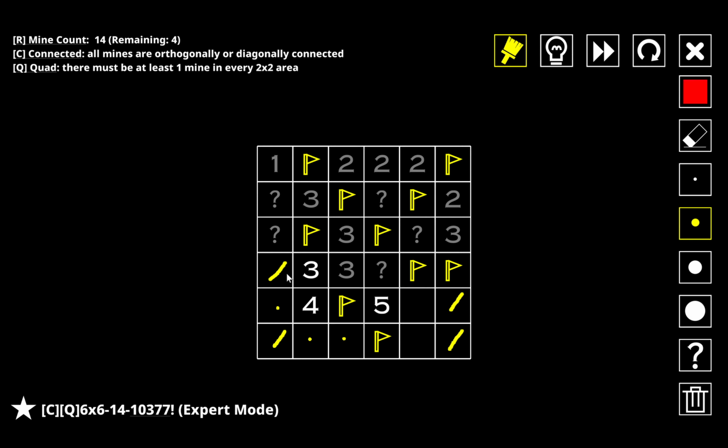So in the alternative case where there's also just one mine over here, the alternative case where this one is a mine, then we know that there must be 2 mines at least around this 4, right? If that one was a mine and that one was a mine, then they would be disconnected, so we know there must be a mine at least here.